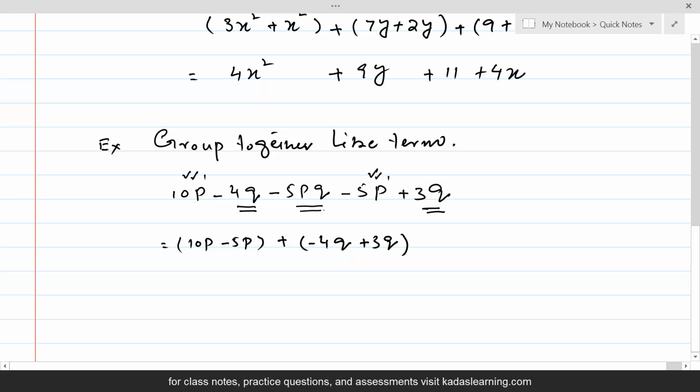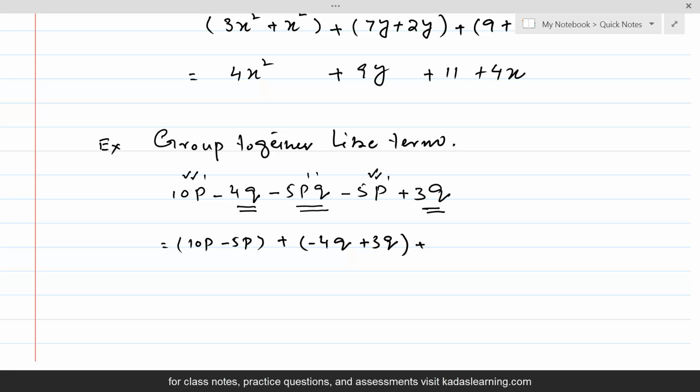Minus 5pq. This is a product term of p and q. So remember that its degree is additive. When p and q are being multiplied, their powers will be added to determine the degree of the term. This term is unlike any other term and its degree is 2.